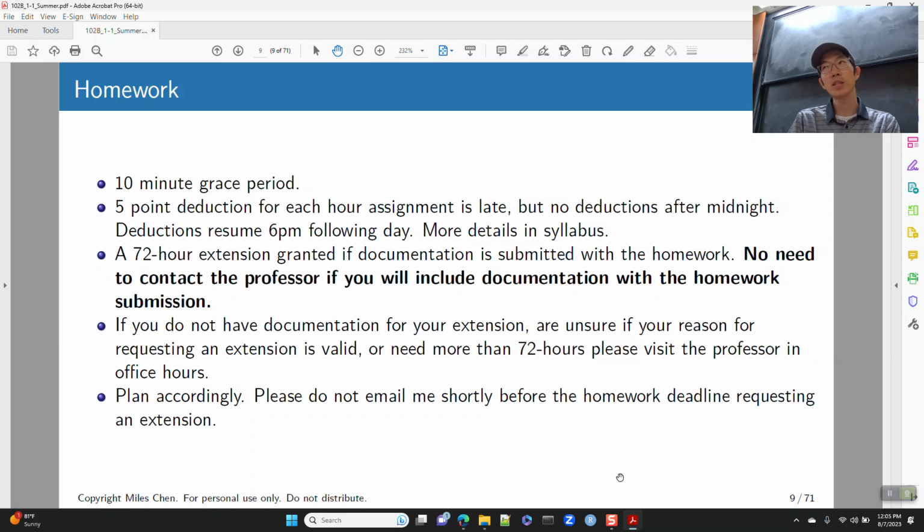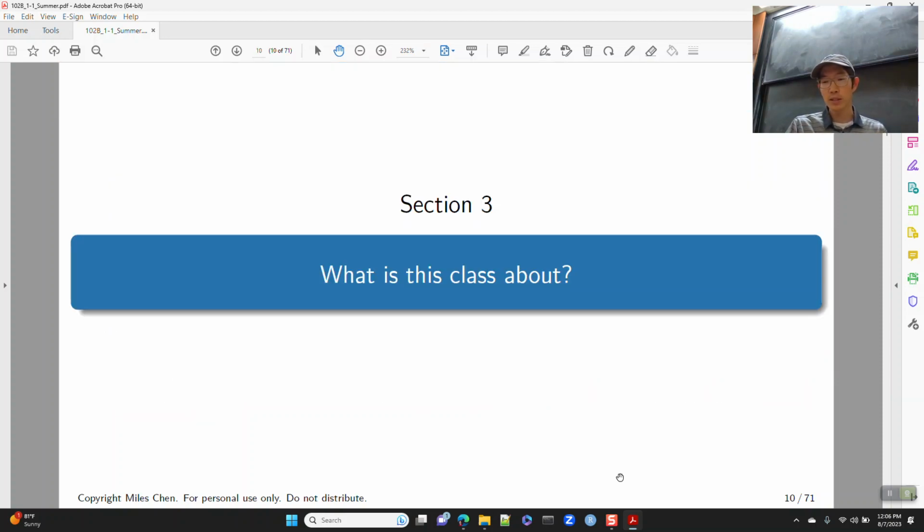You'll download them, answer the questions, knit them into PDFs, and upload your PDFs to Gradescope. If you need an extension, contact me. Or if you have documentation, you don't have to contact me; you can just attach your documentation to the homework.